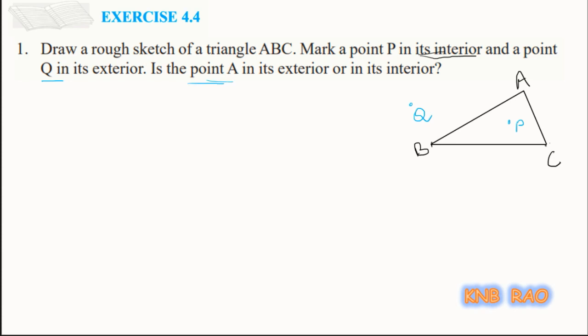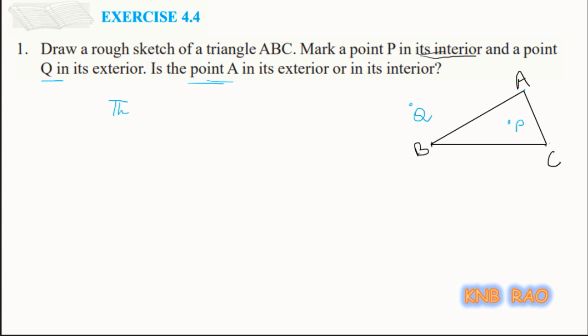Now the second question followed by this. Is the point A, that is this point, exterior or interior? If I want to say exterior, it should lie outside, but it is on the triangle. It is neither exterior nor interior.